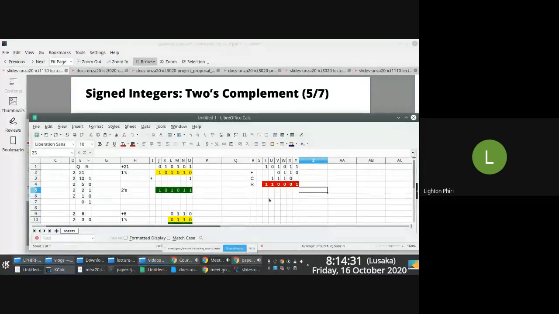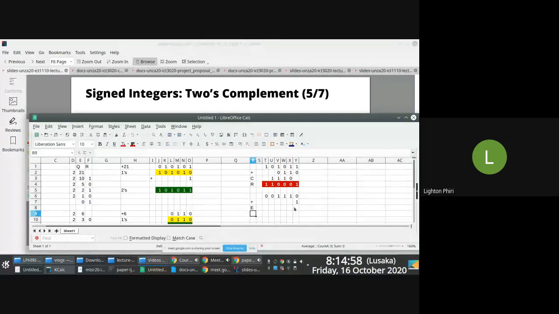Flip the bits: 0, 1, 1, 1, 0. Add 1. What happens when you add 1 here? Maybe we want to do it the normal way, where you have the carry bit and the result.